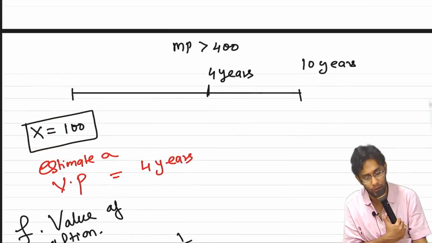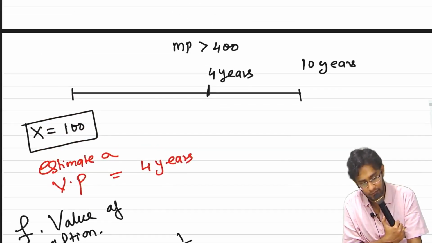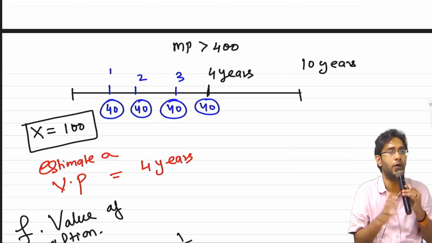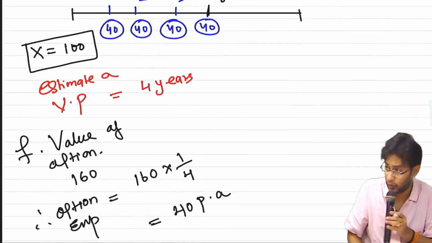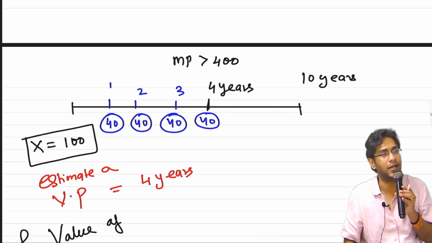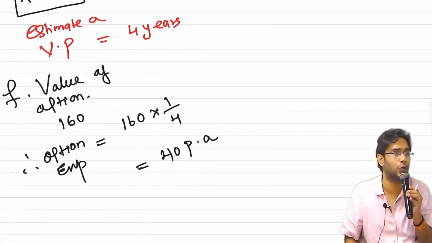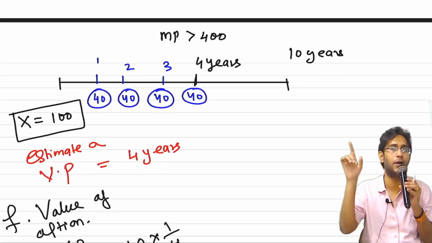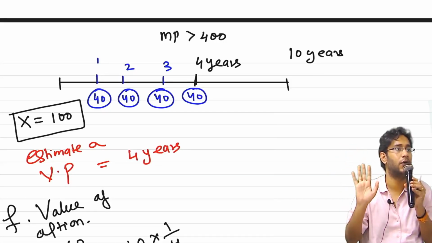So what you will do is, first year, second year, third year, fourth year. Every year you have to book an expenditure of 40 for a period of 4 years. By the end of 4 years, you would have already created an SBP reserve of 160 rupees in your balance sheet. It does not matter whether the market condition is satisfied or not.